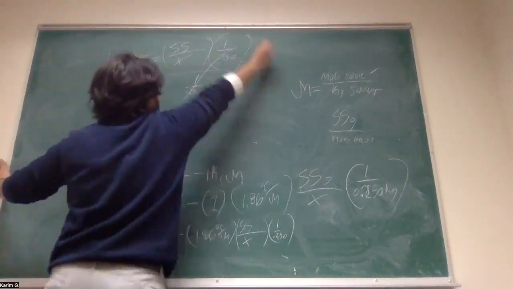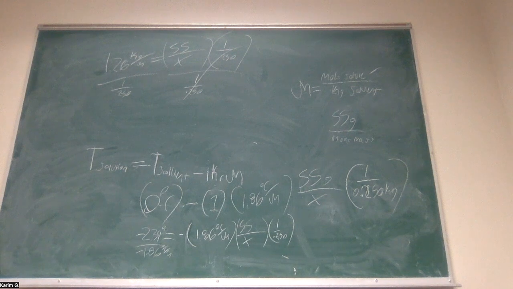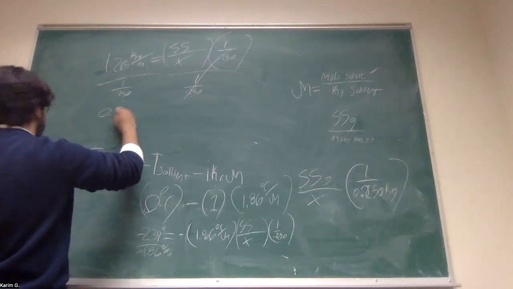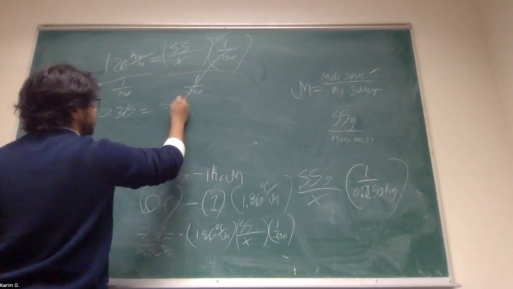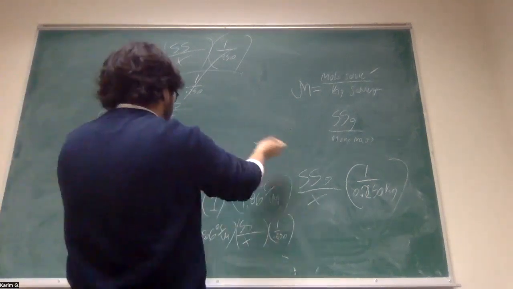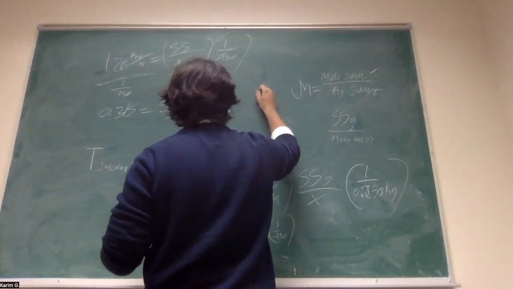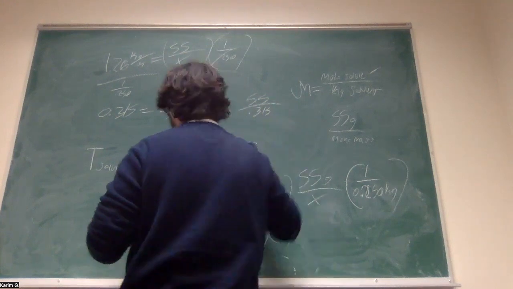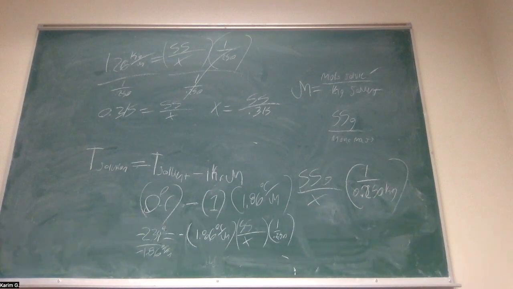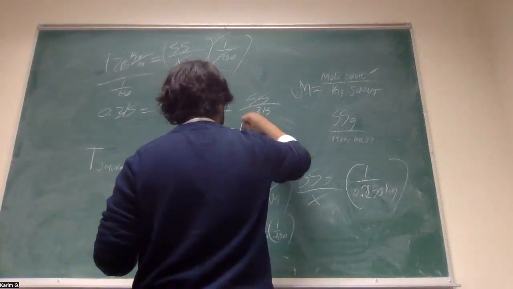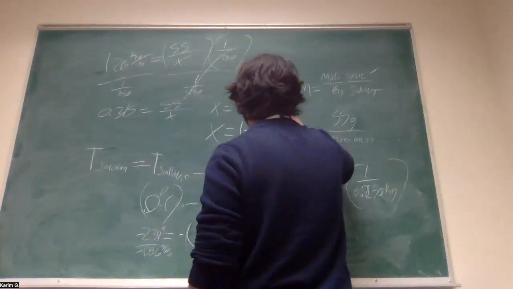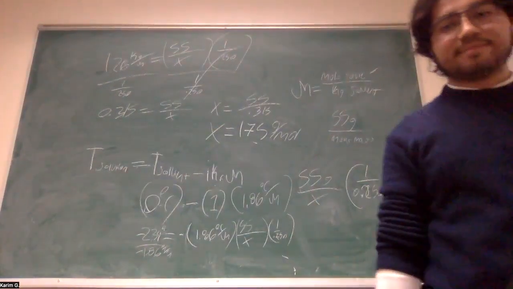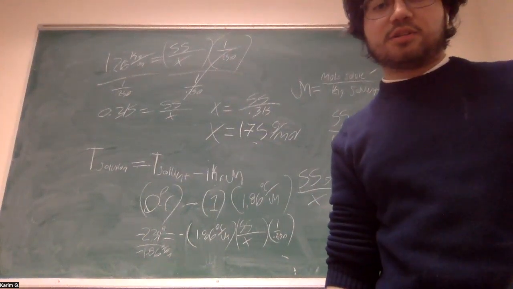And so we would get 1.26 divided by 4, equal to 55 over x, which would be the same thing as saying x is equal to 55 over 0.350. Is that a choice? Yeah, it's D.